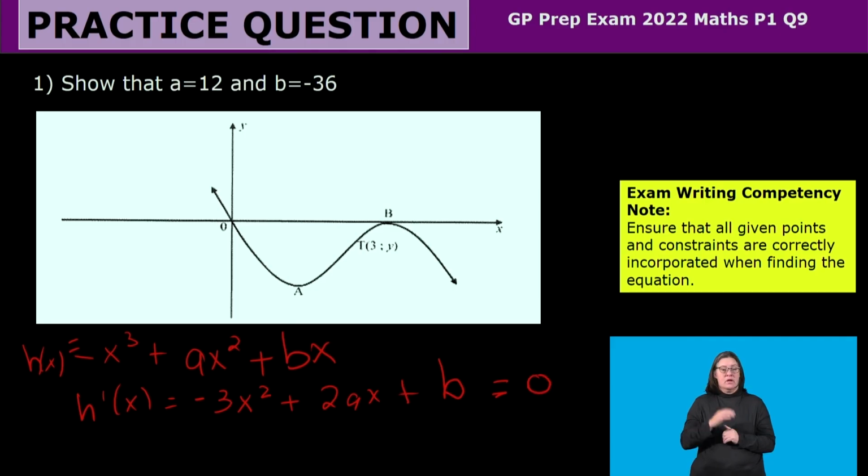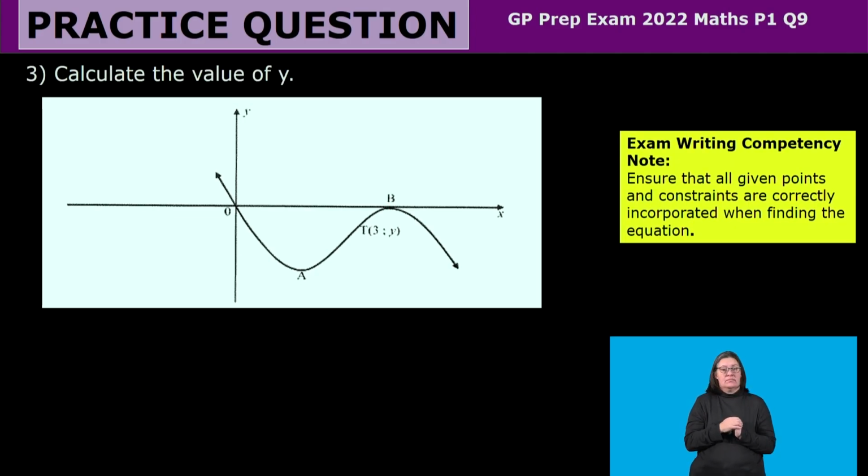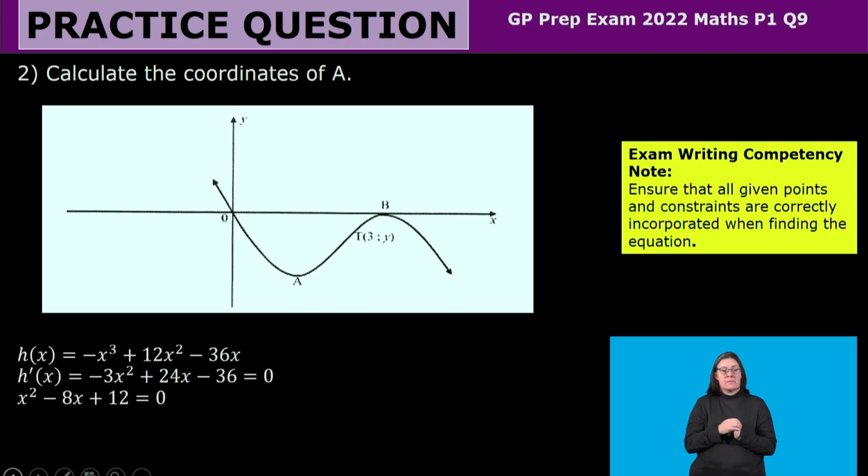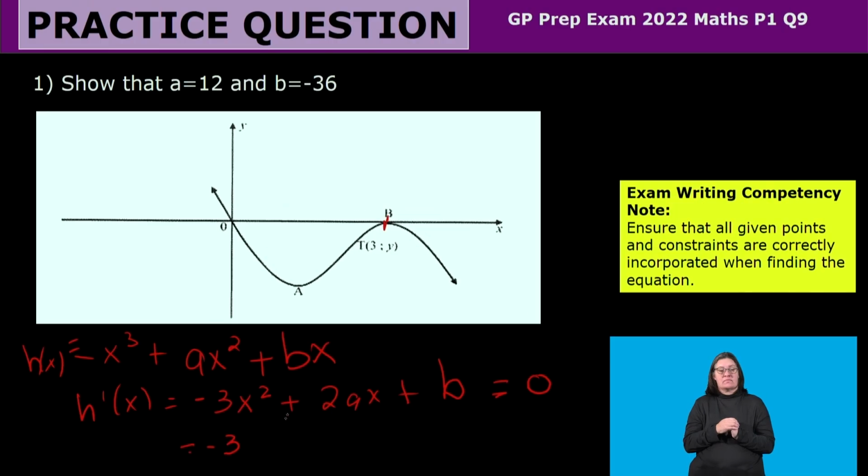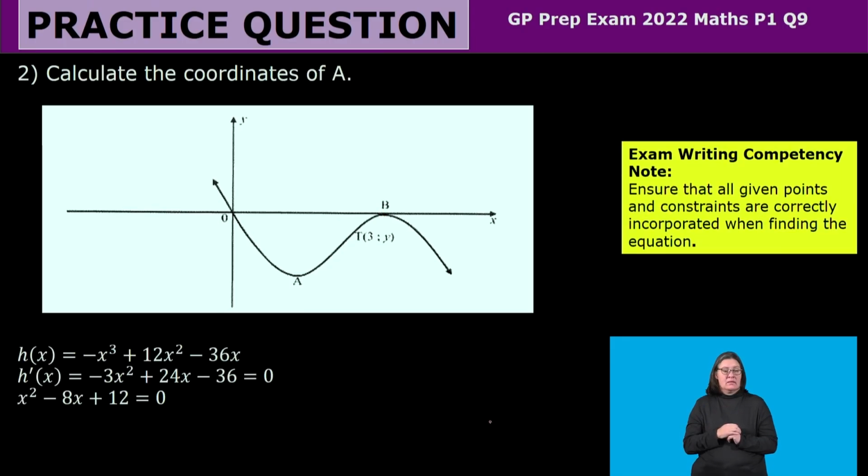All right, and we know that the x value at point B is 6, so we substitute the x in and we end up with minus 3 into 6 squared plus 2 times 6a plus b is equal to 0.